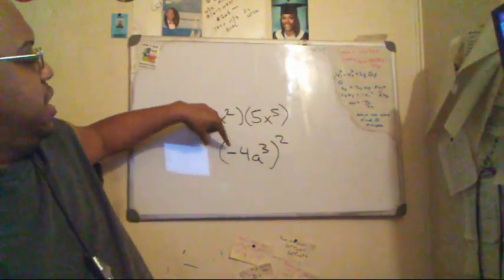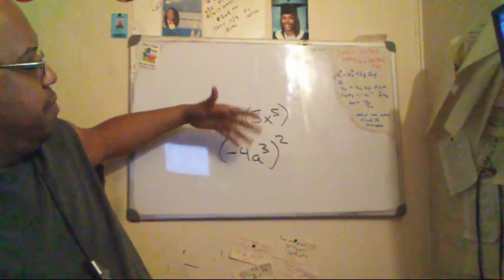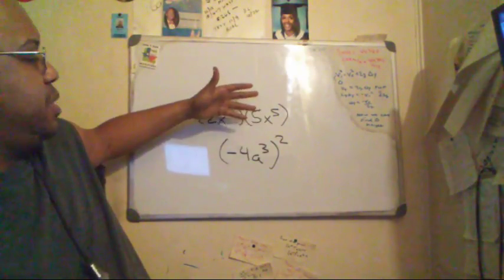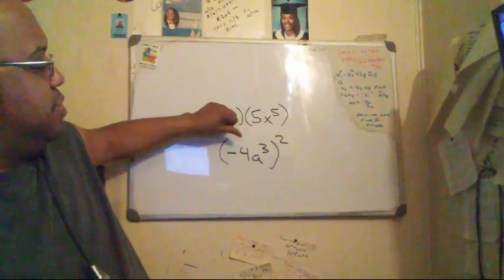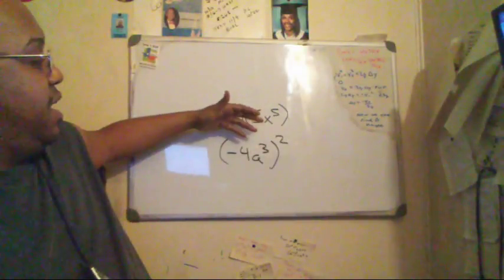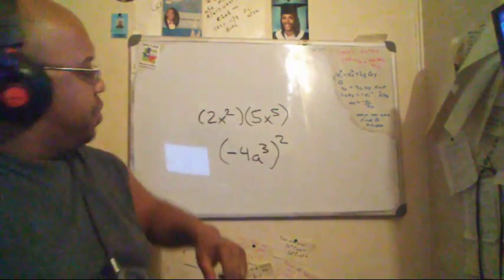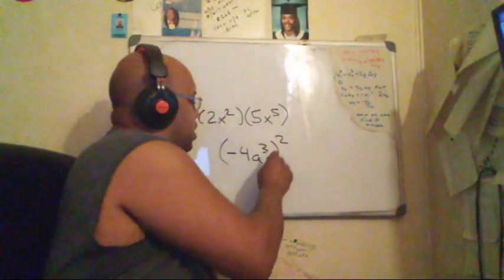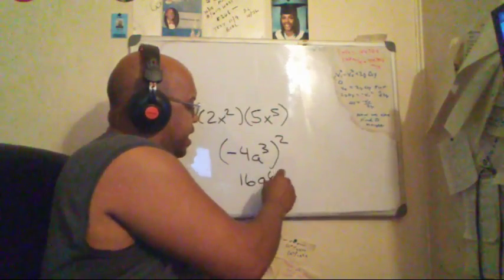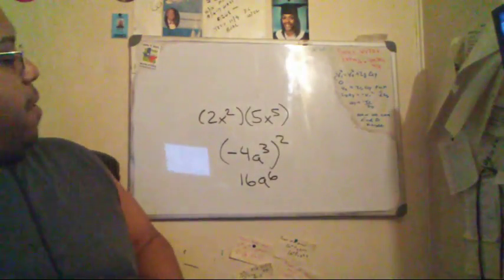The negative 4 is going to be squared. So that's negative 4 times negative 4, which will give us positive 16. And then the cubed will be multiplied by 2, so we will have 16 and then a to the 6th power.